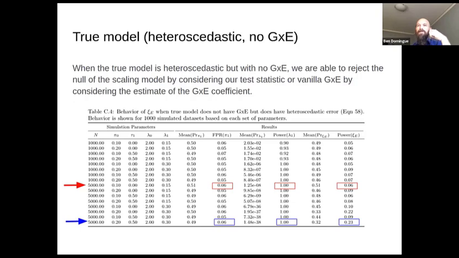My main point is that you can still be interested in the fact that the absolute magnitude of the GxE coefficient is increasing, even if heritability is flat, for substantive reasons. That's totally fine. I just think you want to know that that's what's going on.